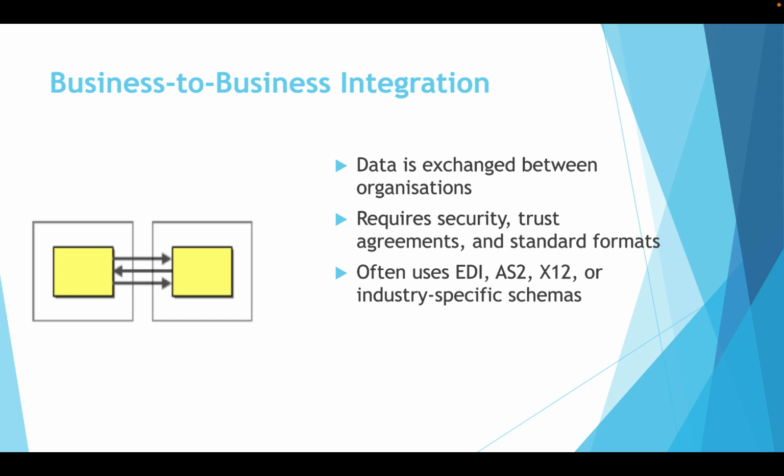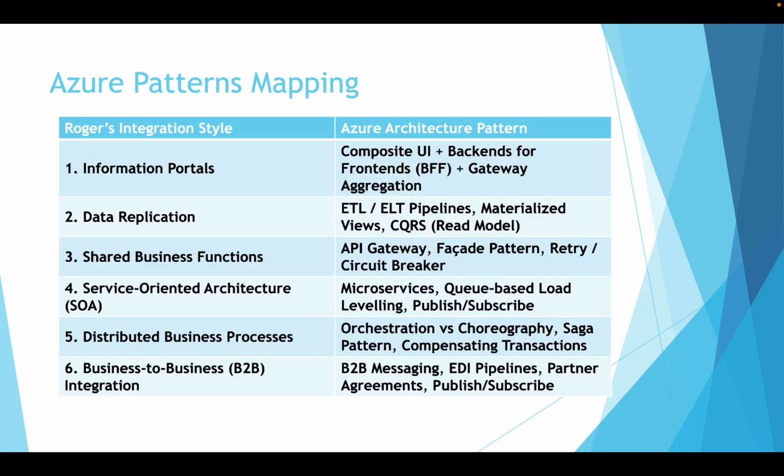So in this scenario, we have external systems. It could be a supplier, or some government organization. Those are not part of the organization, so they communicate with each other using this style, business to business integration.